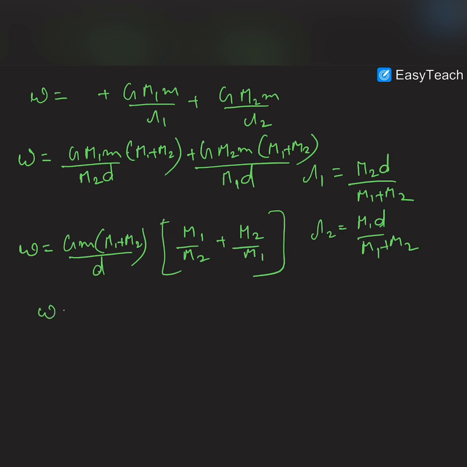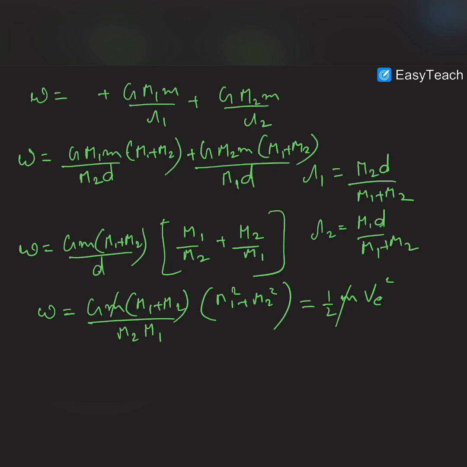So the work done will be equal to G m (m1 plus m2) by m1 m2 d into (m1 square plus m2 square). This should be equal to half m v escape square.